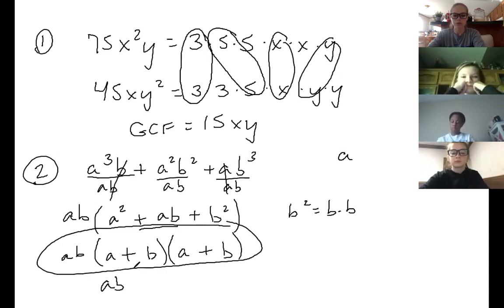Or if you simplified it and did that, that would be fine as well. Any questions on number 2? So you always want to ask yourself, okay, is there anything I can factor out of my terms first before I factor? Do so, which is what you'll do for number 5 as well.